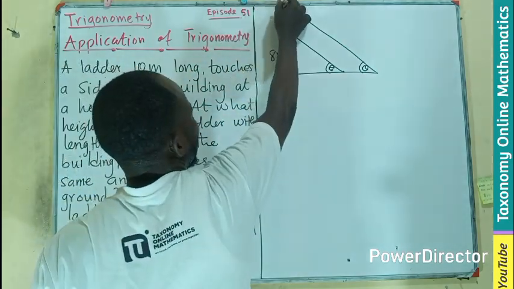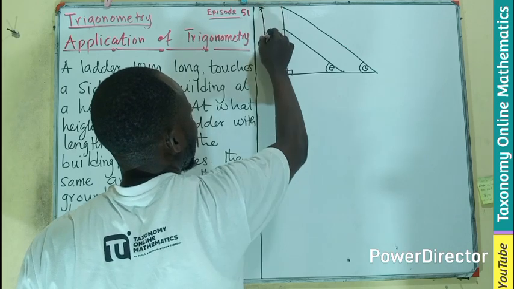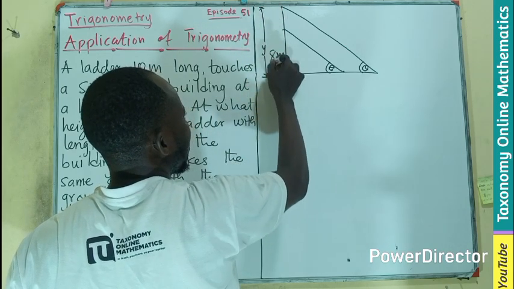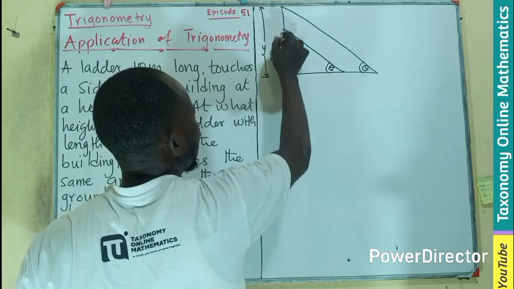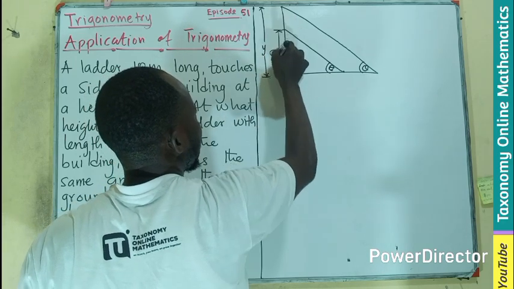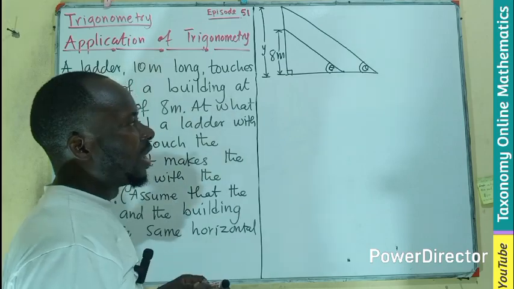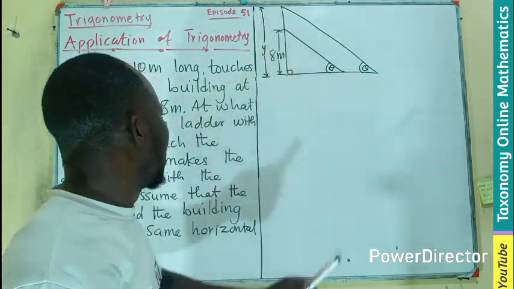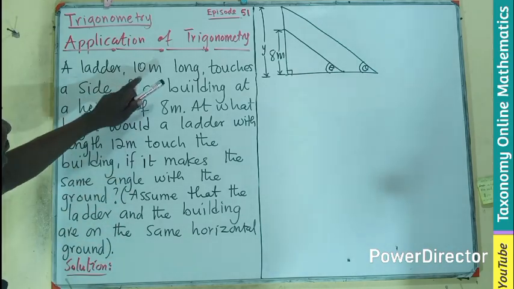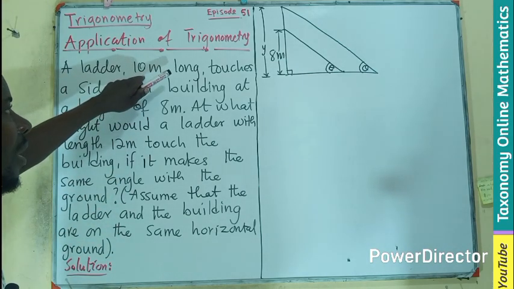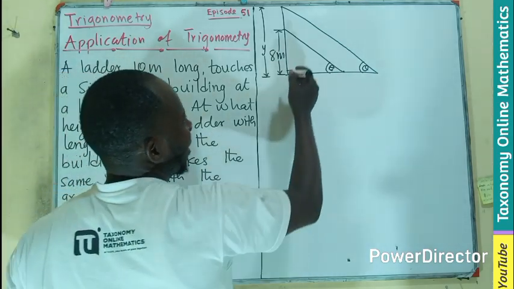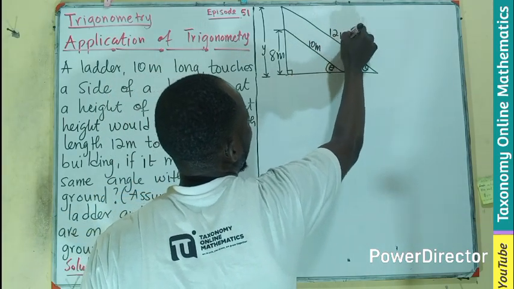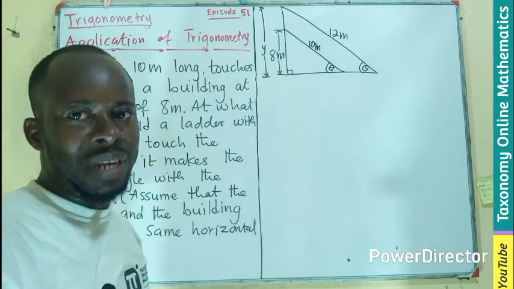Then if I pick here, I can also pick here to be, let's say, y. This is the height at which the longer ladder is touching the wall. Do we have any other information? The length of the first ladder, the shorter one, is 10 meters. The longer one is 12 meters. So this will be one scenario.